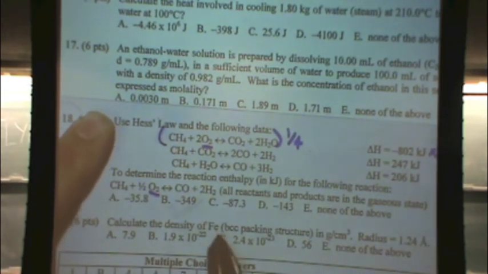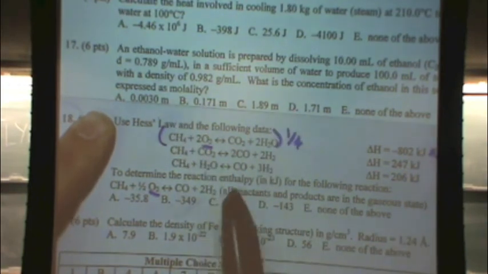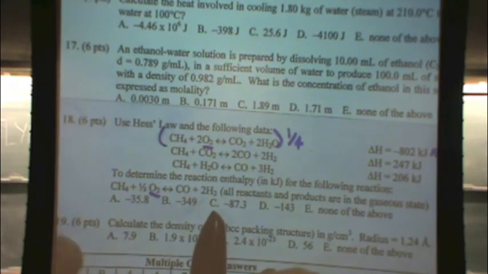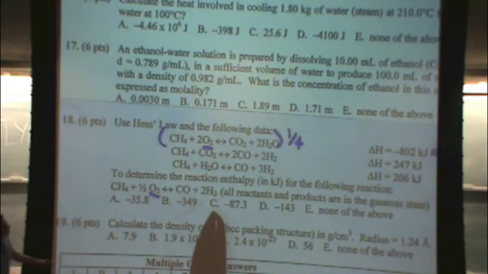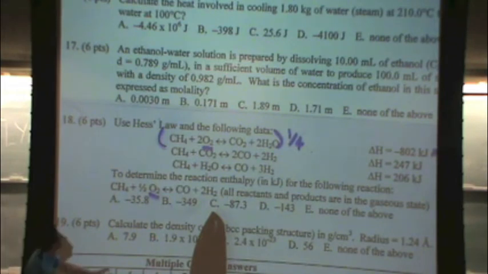Okay. CO, not helpful, it appears too many times. H2 appears too many times also. So that's all I'm going to get from looking at the overall reaction. My next step is look for intermediates. What would be a good intermediate to choose right now? H2O would definitely be fantastic because I've got one there and one here.